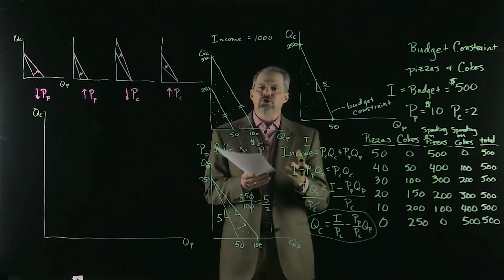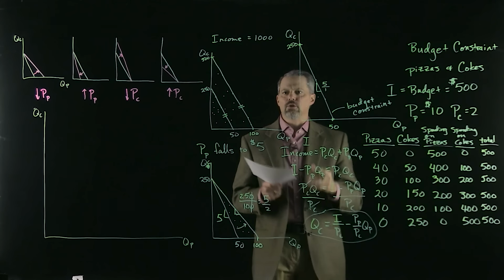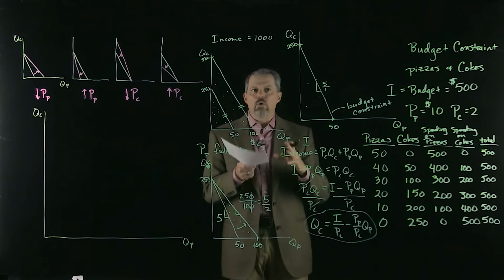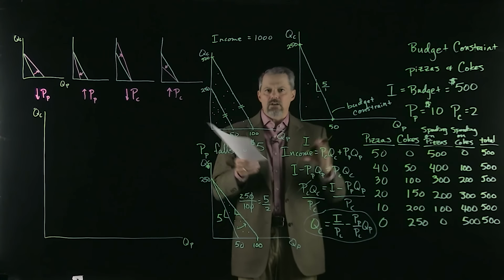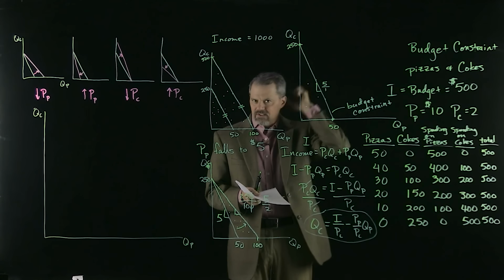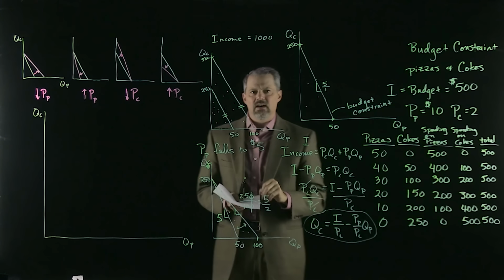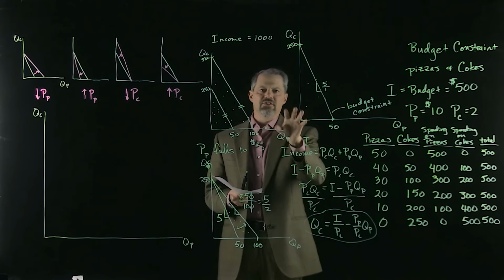The consumer utility maximization model is one of the foundational models of how economists model behavior. We don't really believe that you have this utility calculation going on in your head, but it turns out that we can model your behavior as if you do.